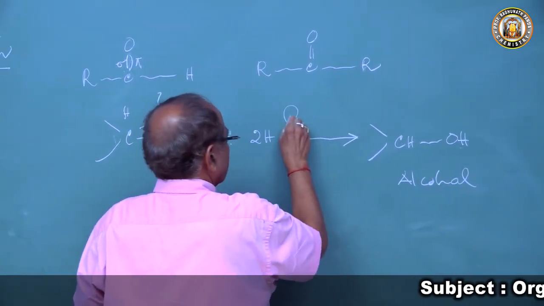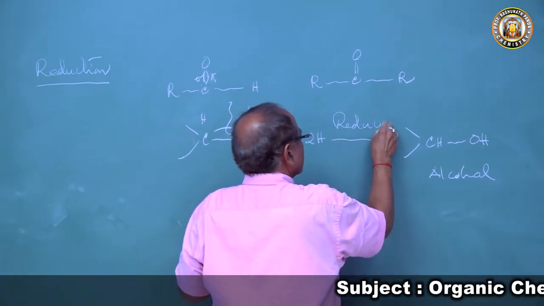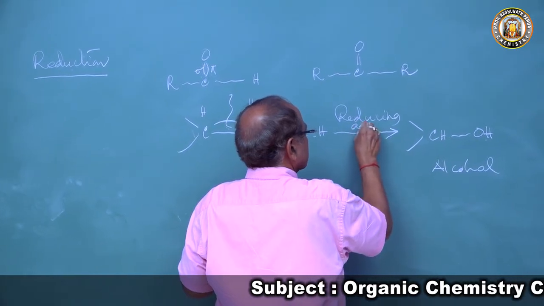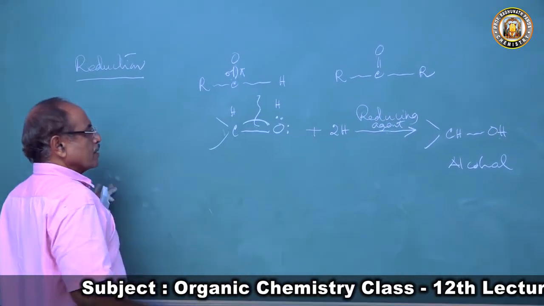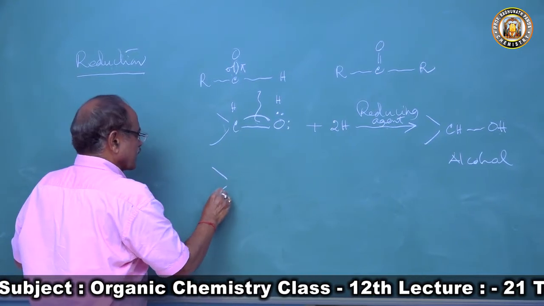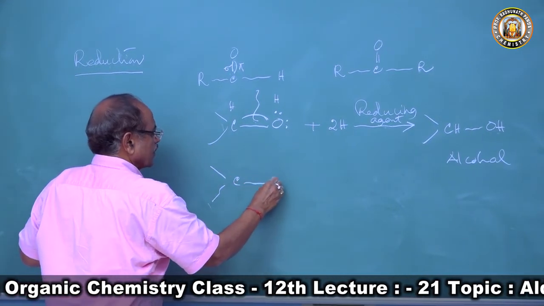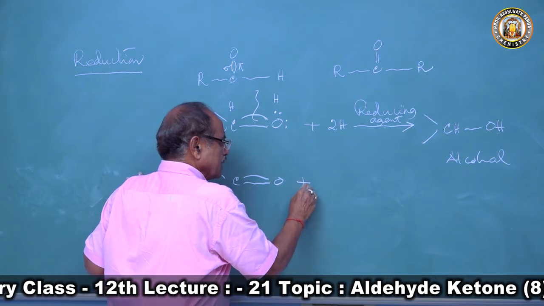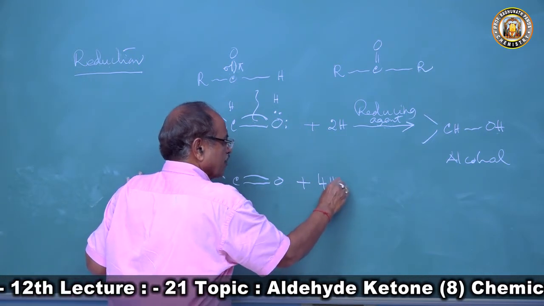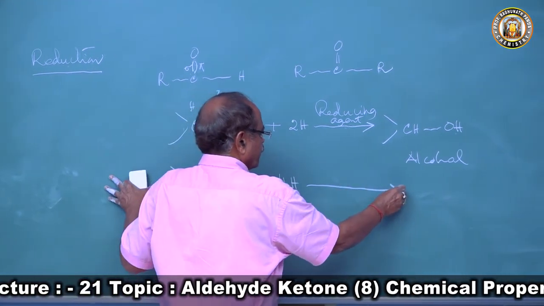So in presence of a reducing agent, we get alcohol. Suppose we take a strong reducing agent which can supply 4 nascent hydrogen.